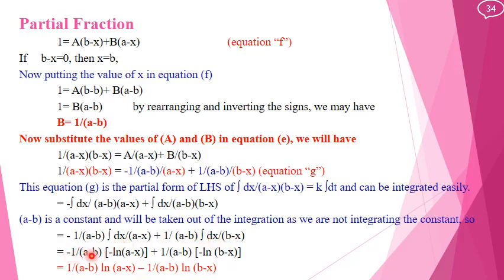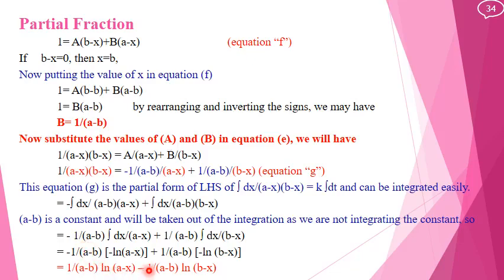Now we can integrate these expressions which come after the integration sign. Finally we will have minus 1 over (a minus b) into minus log natural (a minus x). This is the result of integration of dx over (a minus x). We have studied how it is integrated; you can review slide number 22. Plus 1 over (a minus b) into minus log natural (b minus x).